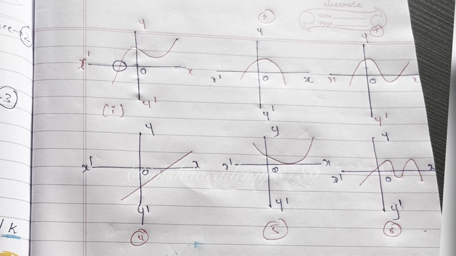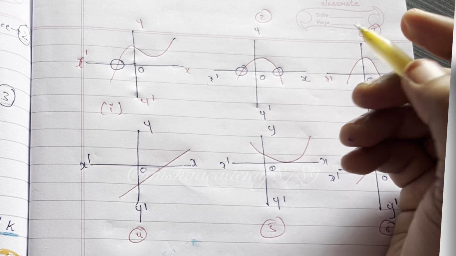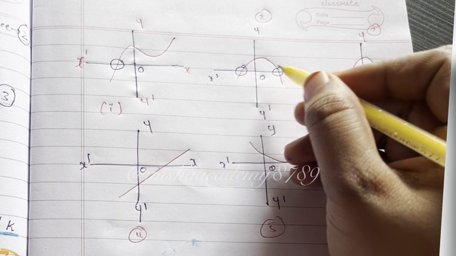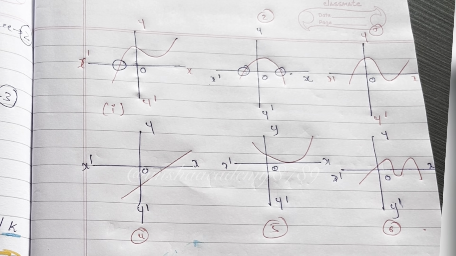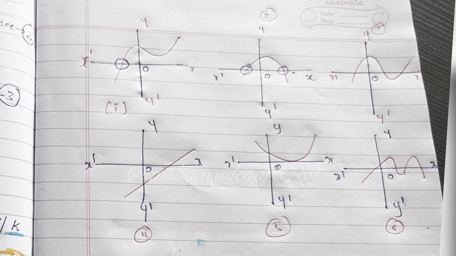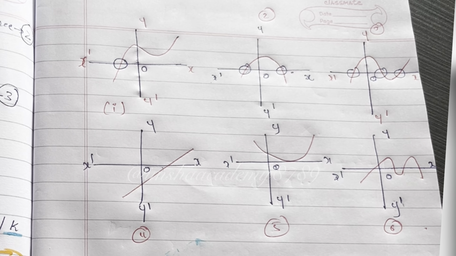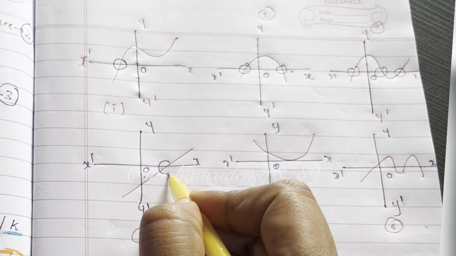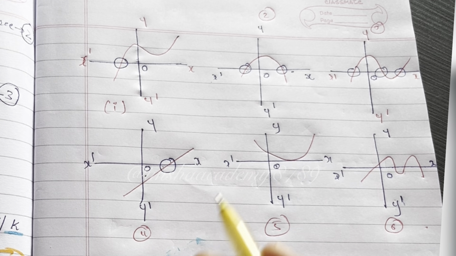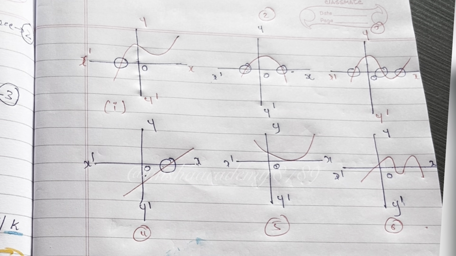In the second example, the number of zeros is 2, because the graph has intersected at 2 points. In the third example it is 3. In the fourth example it is 1, because the graph has intersected the x-axis at only one point.